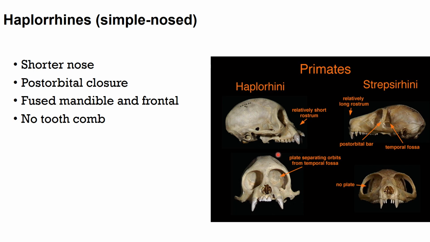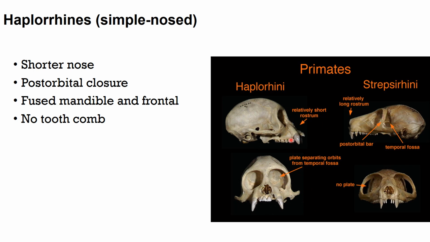If you remember, I mentioned there's a post-orbital closure in haplorhines, a post-orbital bar in strepsirrhines. That bar right here is this line of bone that goes around the outside of the eye, and there is a gap behind it in strepsirrhines. So again, I could poke my finger, I wouldn't do this, but I could poke my finger through a lemur side, get to the other side.